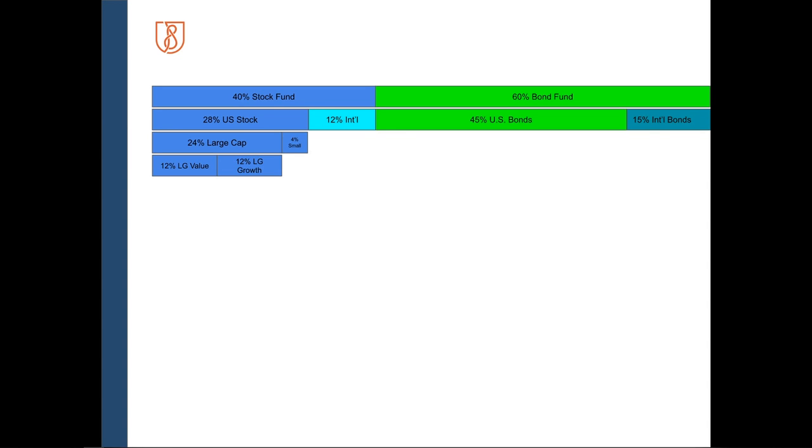Well, if we look at just the large cap example, there are different styles of investing that work better in different times. In this very simple example, we'll break it down to just value and growth. Now, a large value manager is going to look for companies that were seen to be at a certain value, and then because of bad time period or misfortune or what have you, are being undervalued to their perception today.